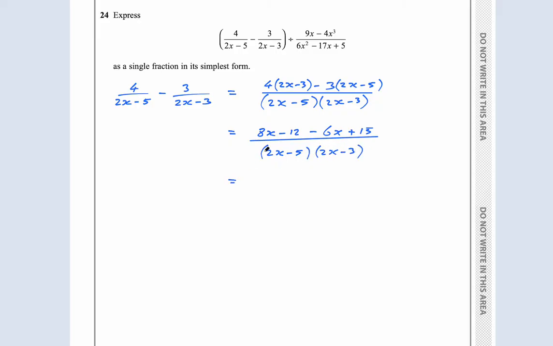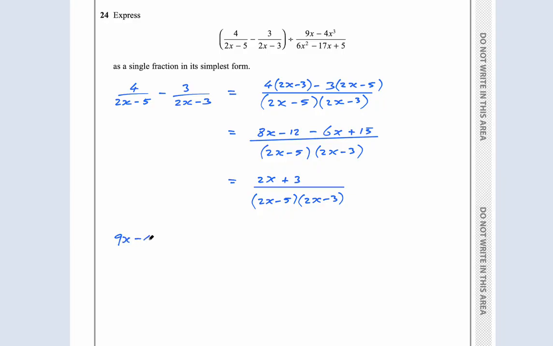And that equals 2x plus 3, so that's 8x minus 6x is 2x, minus 12 plus 15 is plus 3, over this, 2x minus 5 times 2x minus 3. Okay, that is the brackets bit written as a single fraction. Okay, now let's look at this.